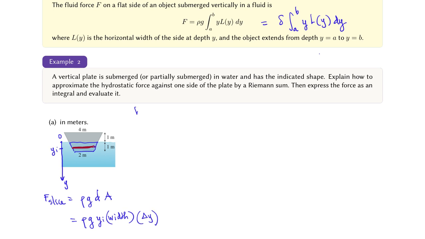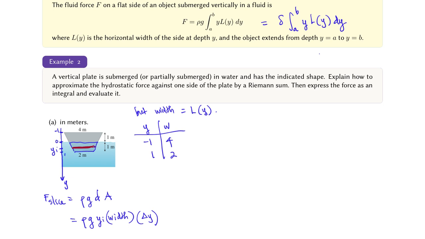Note that the width of the slice depends on how far below the water level the slice is, and so the width is a function of y. There is a linear relationship between the width and the depth.